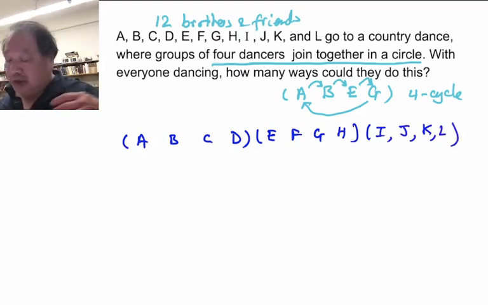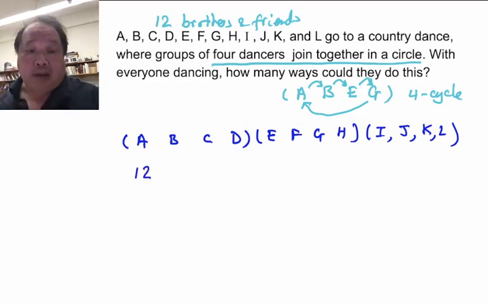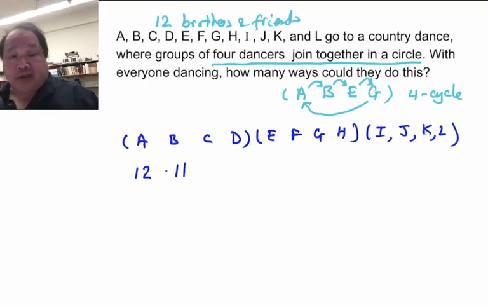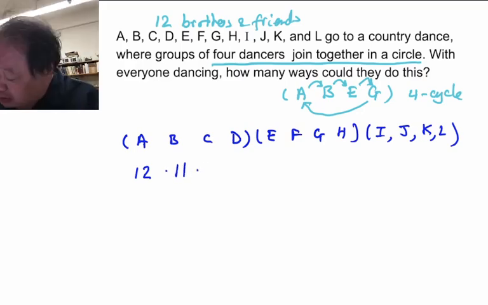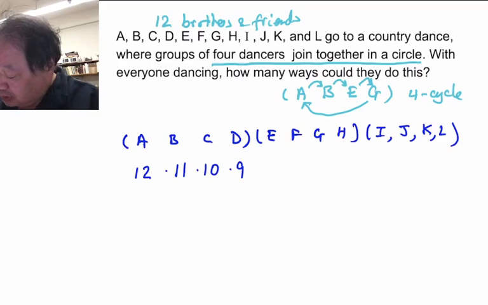And let's just count the number of ways of doing this. Any one of the 12 brothers and friends could be in the A position. Then there's 11 remaining. Any of the 11 remaining could be in the second position. 10 times 9, so that takes care of 4 brothers and friends.